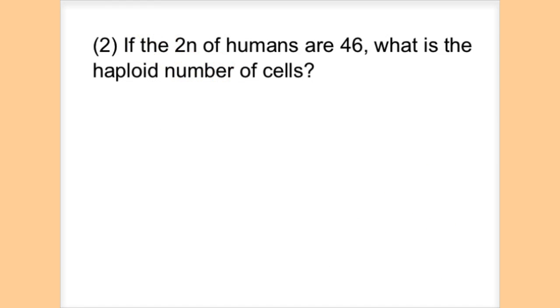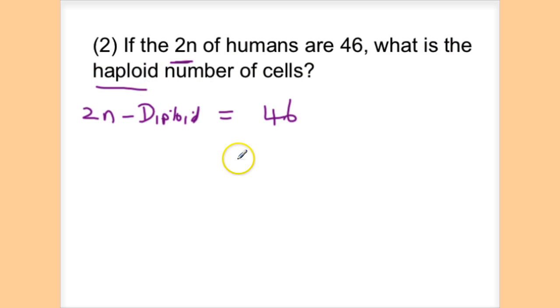So this question is something that normally comes up when you say 2n. So 2n basically refers to the diploid number of chromosomes. So if the diploid number of chromosomes is 46, what is the haploid number? Well, haploid means half, so this will be 23 chromosomes.